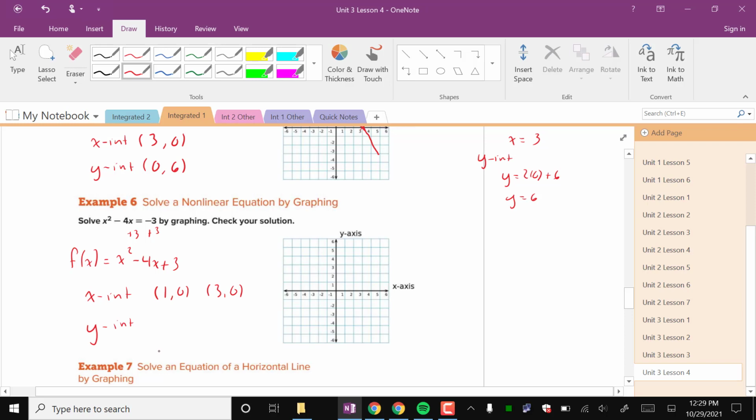My y-intercept is going to be at 3. So one of my x's is at 1, and one of my x's is at 3. So it's going to come down, around, and then back up.